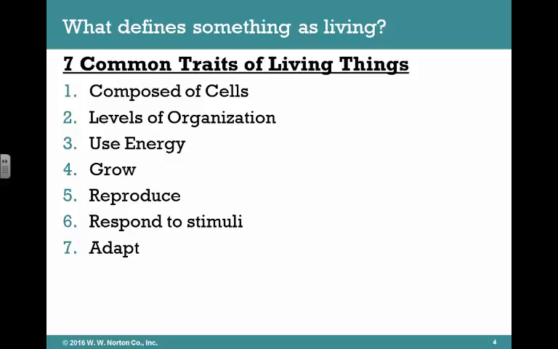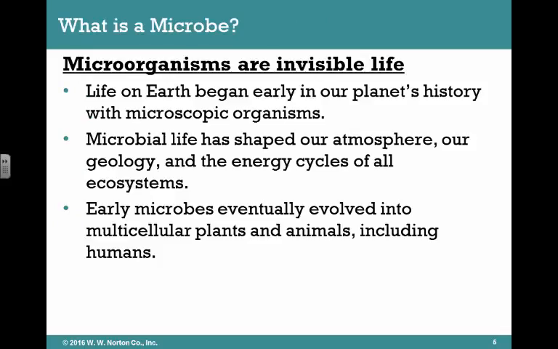And that's true of microorganisms as well as other macroorganisms that you've already studied, for example, the human body. So remember that you've already studied a lot about the human body and these traits in the human body.